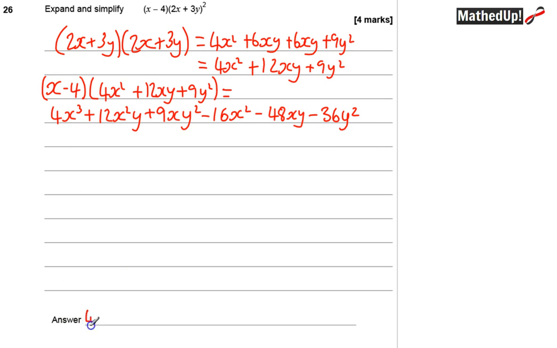I've got 4x cubed plus 12x squared y plus 9xy squared, take away 16x squared, take away 48xy, take away 36y squared.